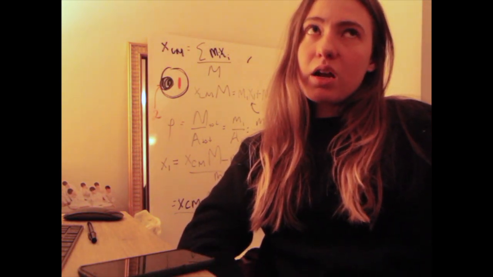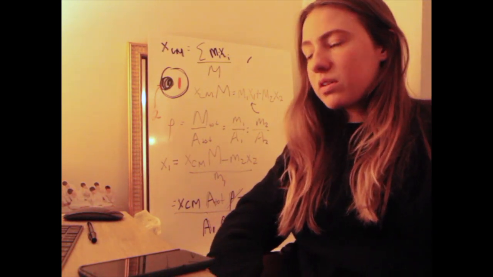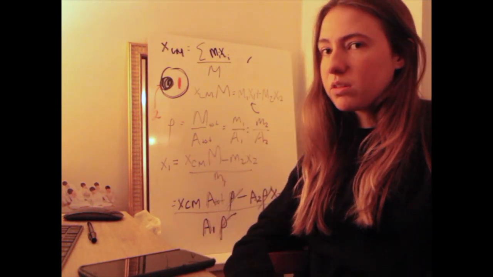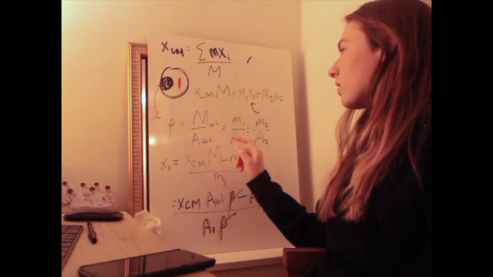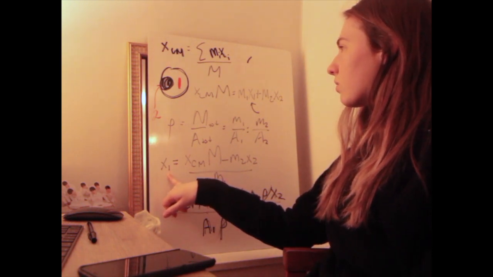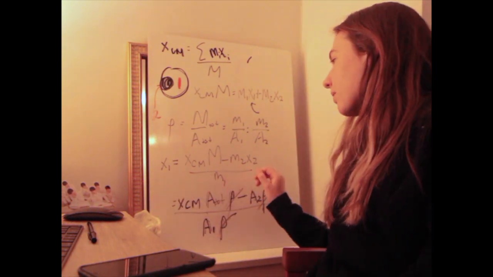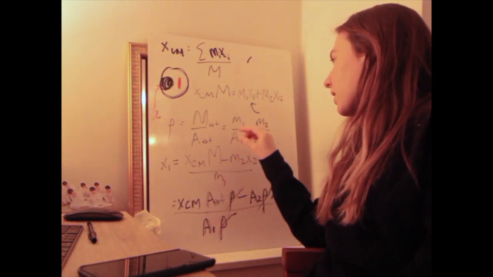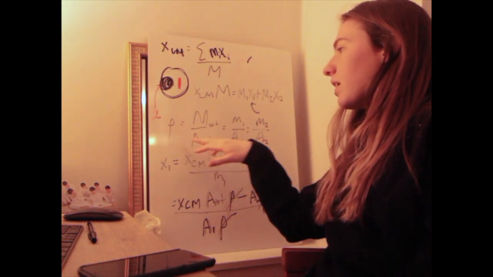It's not mass over volume because there's no width or anything, so that's negligible, it doesn't matter. Solve for each of the masses and plug them in. So I solved for x1 first, which is the center of mass of the thing with the cutout, and then I plugged in the expression for the mass, which would be its area times the density.